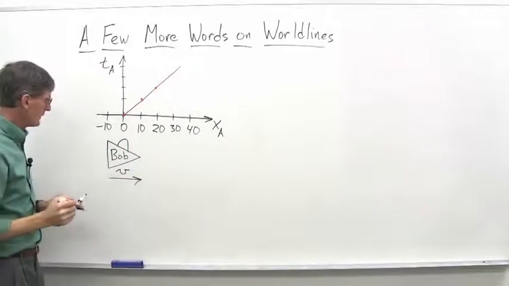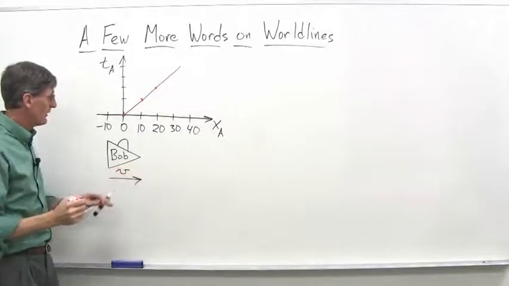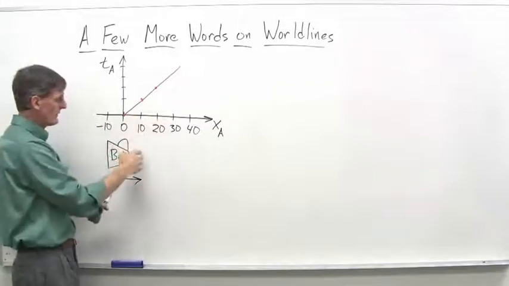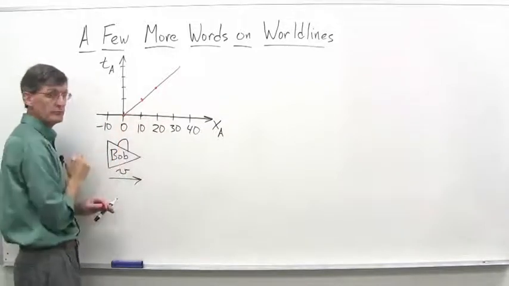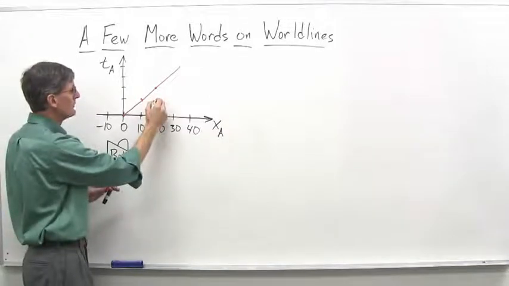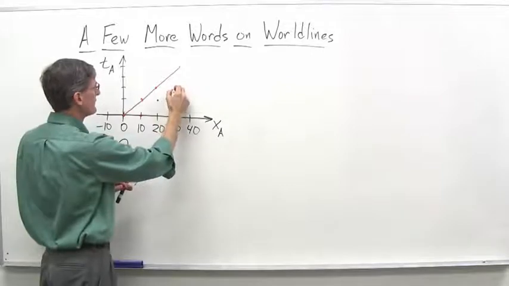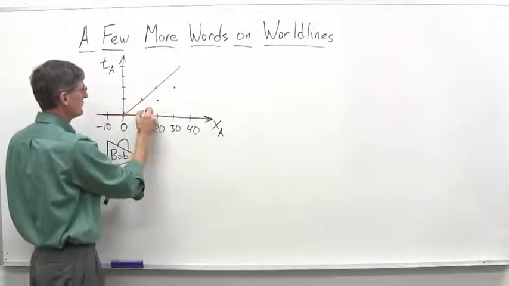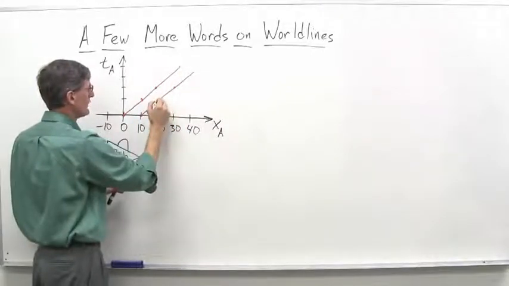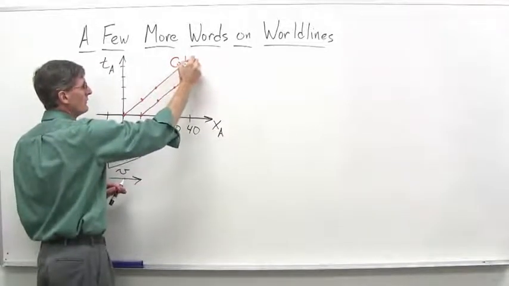What about the front of the ship? Let's do the front of the ship here. So at time t equals 0, it's at 10, so it would be there, and then at the next time, it'd be at 20, so it'd be here, and then 30 and 40 and so on and so forth at each time. And so the front of the ship, its world line looks like that. So this is the cockpit where Bob is sitting.